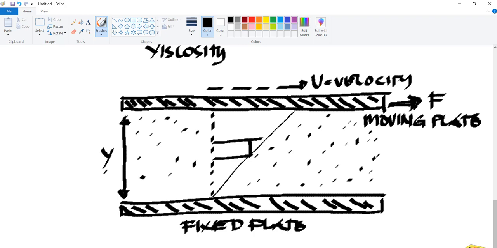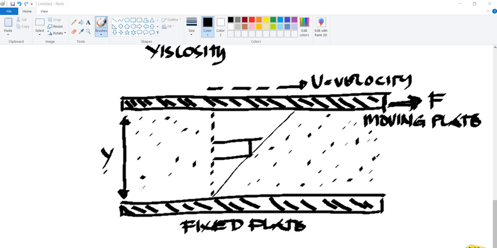When you move the plate in this direction, it will also push the fluid. The fluid beneath the moving plate also moves with the same velocity as the plate.